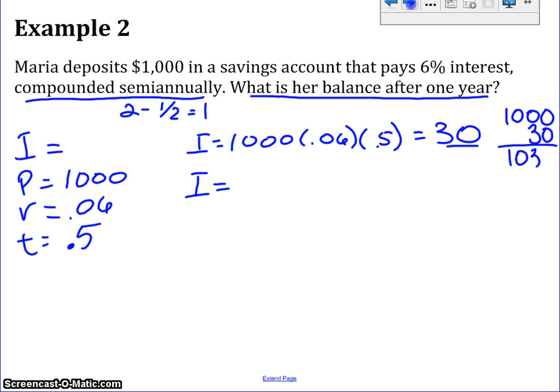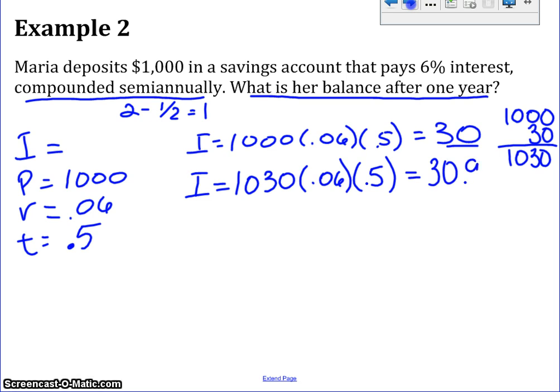So now your new principal balance is $1,030. The rate didn't change, it's still 0.06, and now we're looking at the second half of the year, so we're looking at 0.5, just like in the first equation. When you multiply those through, you find that it's $30.90.